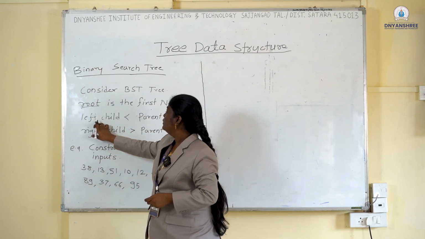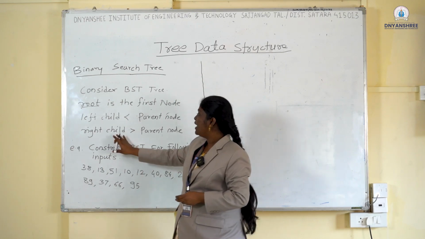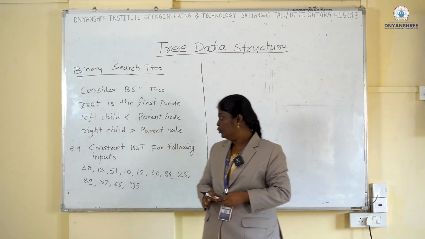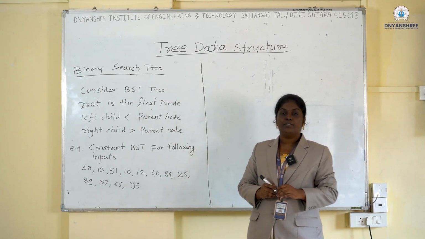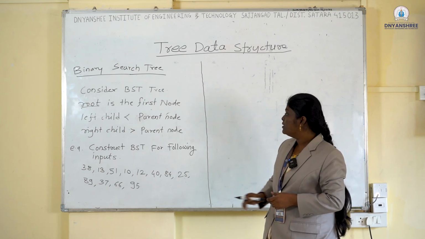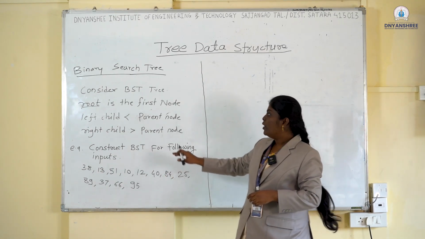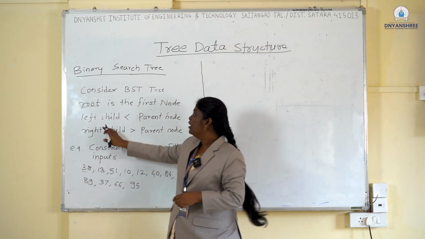The left child is always less than the parent node, and the right child of a binary search tree is always greater than the parent node. Just to understand this concept, we can go through one example: construct a binary search tree for the following inputs.